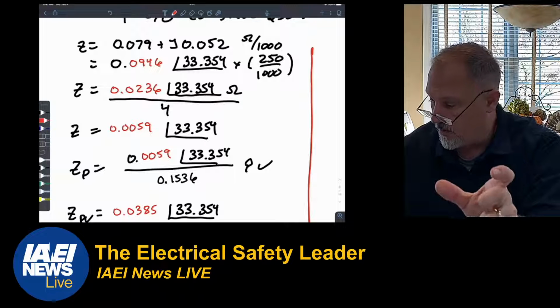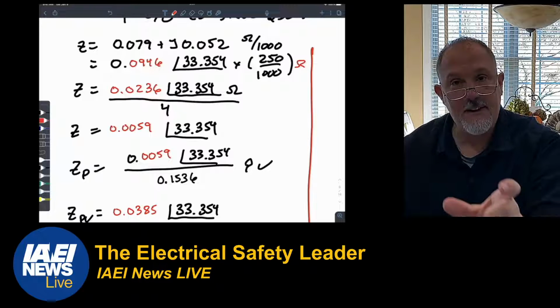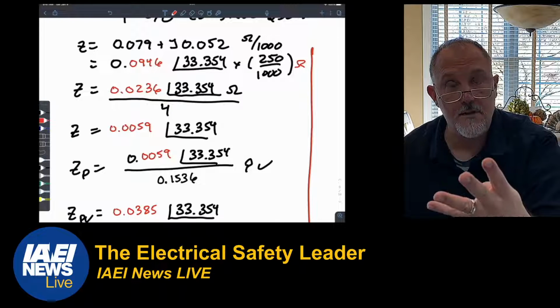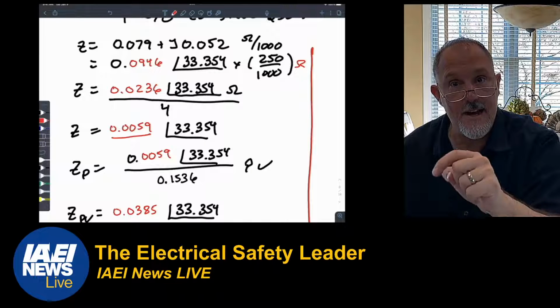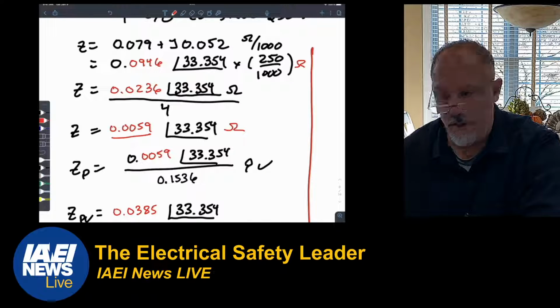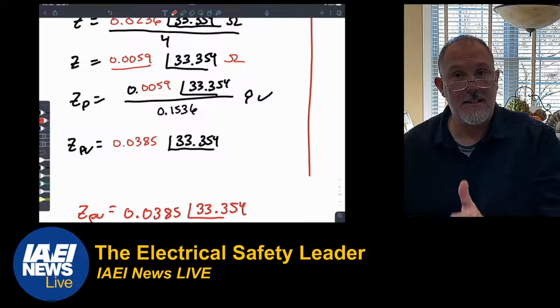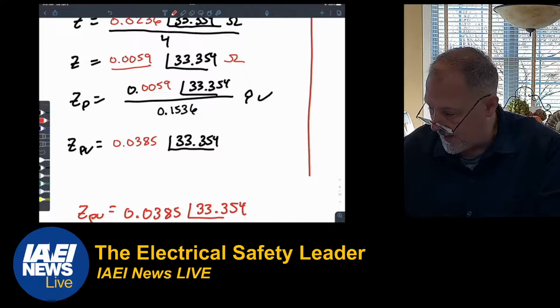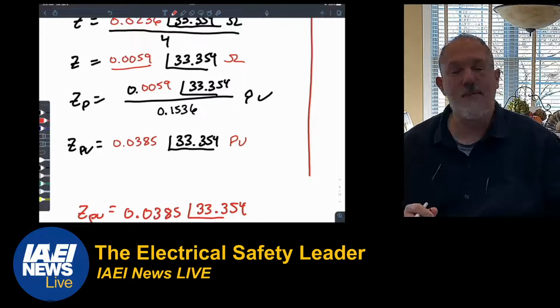That's my ohms for 250 feet. And then I divide that by 4 because I have 4 conductors in parallel. That gets me to 0.0059. That's in actual ohms. And then I divide that by my Z base to get it into per unit. And that is my per unit value, 0.0385.